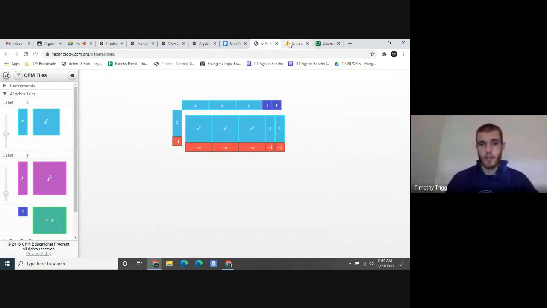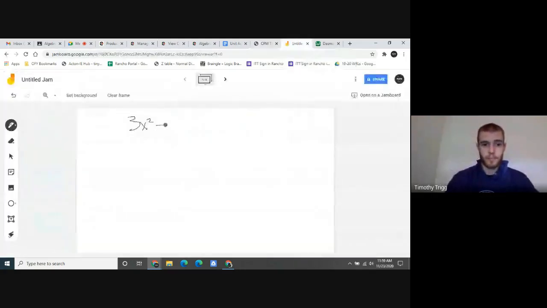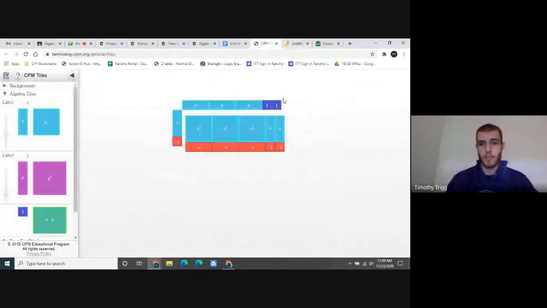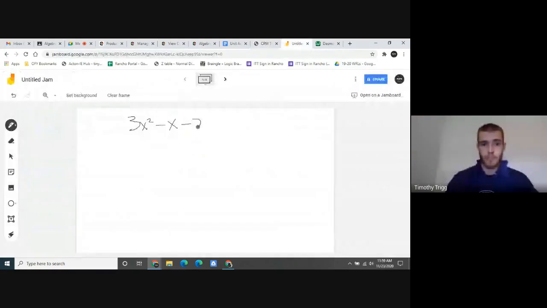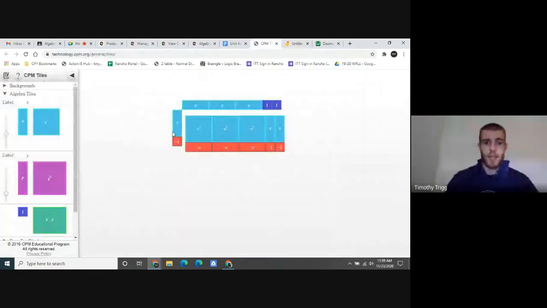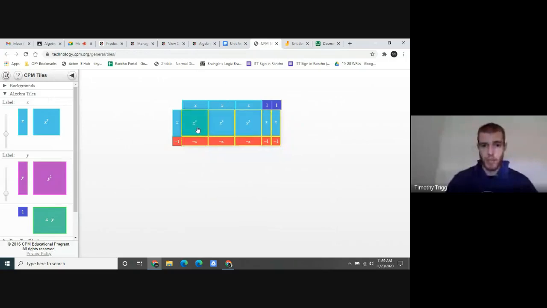So in total, that's a negative 1x. So I'm going to put minus x and then minus 2. So this is the product when multiplying x minus 1 times 3x plus 2. And again, it's this rectangle that kind of fits in with the algebra tiles here. Okay. Hopefully that kind of makes sense.